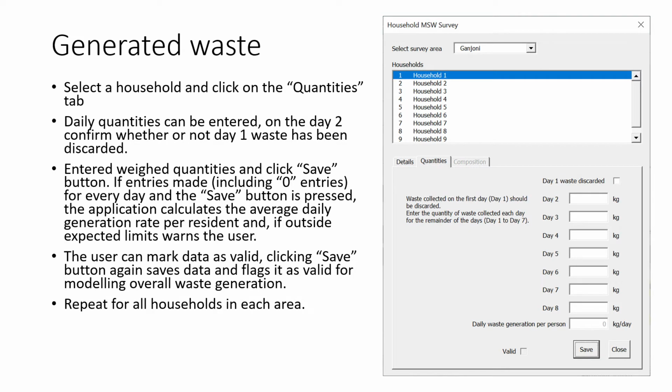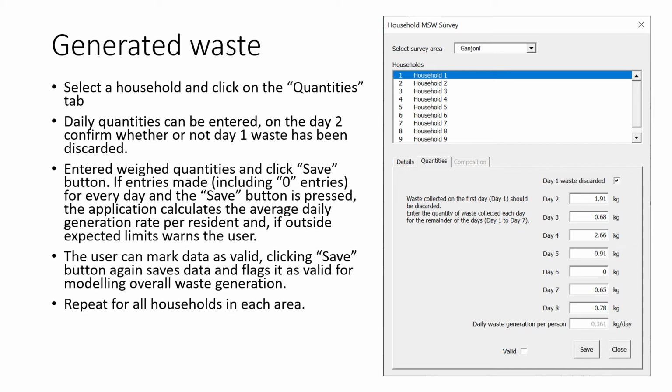When a household is selected, we can enter details of waste generated. As has been explained, day 1 waste is discarded to ensure the first measured day of waste is for 1 day only. Click the Day 1 Waste Discarded checkbox to confirm that this has been done, if it has, and enter the daily quantities measured.